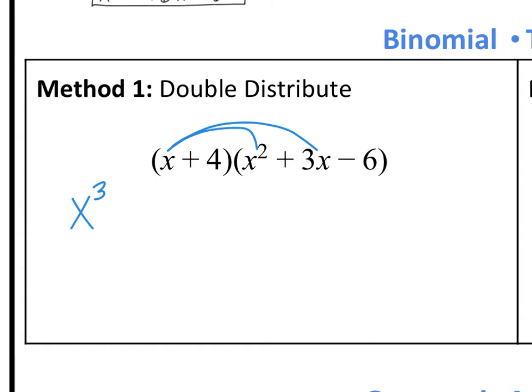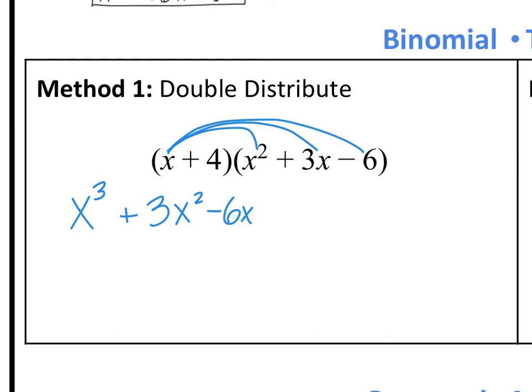Cooper, what's that? Yeah, it's going to be 3x squared because you have x times x. And then we keep going. You just have to do it 3 times this time. X times -6. Gino, what's that? Sweet.